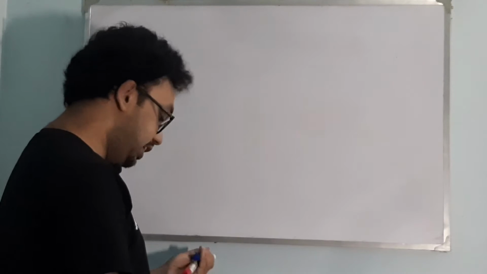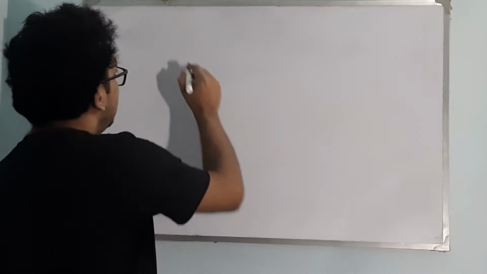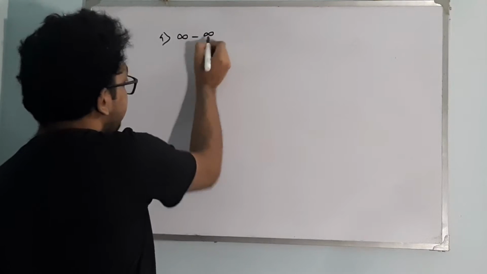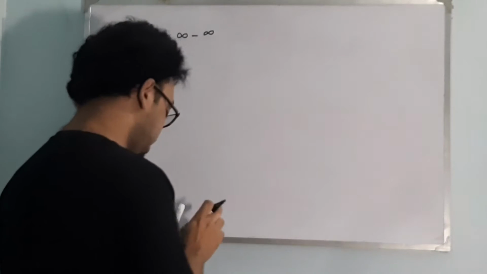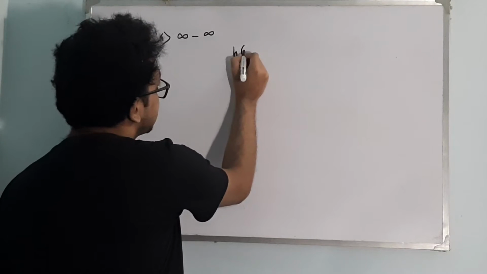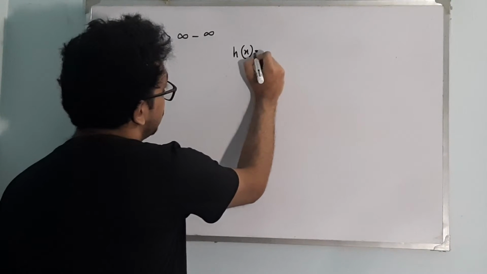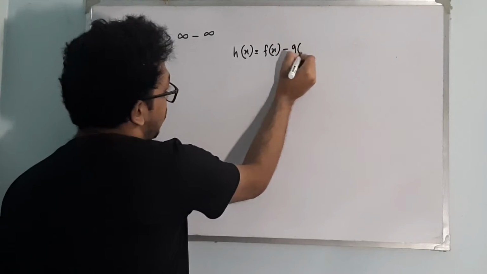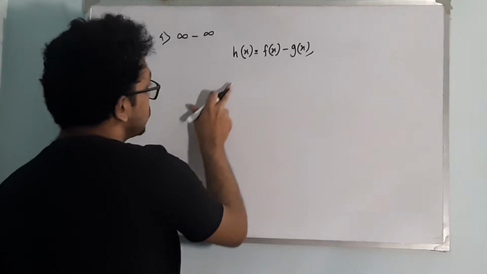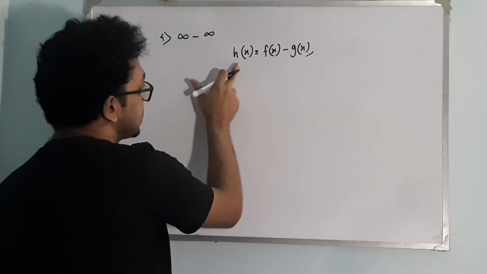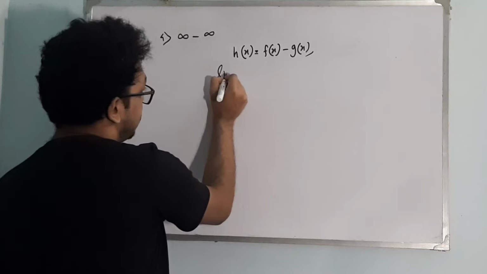The fourth indeterminate form was the infinite minus infinite form. So let us try to understand. Suppose we have a function h(x) such that h(x) is equal to f(x) minus g(x), and suppose you want to evaluate the limit of h(x) at x equal to a.